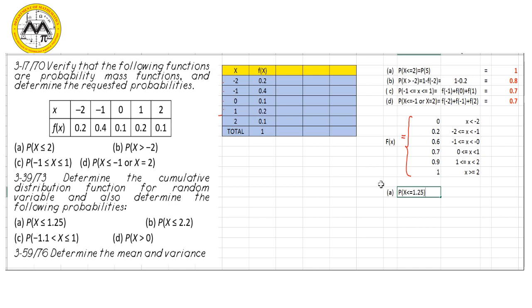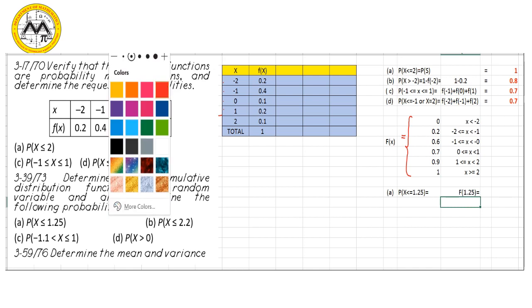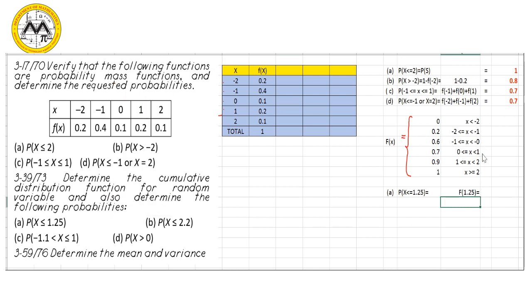So this is equal to F of 1.25. Where does 1.25 fall? 1.25 is here, so it is 0.9. Less than or equal to 1.25 are all values except 2, so that would also be equal to 1 minus 0.1. Correct.